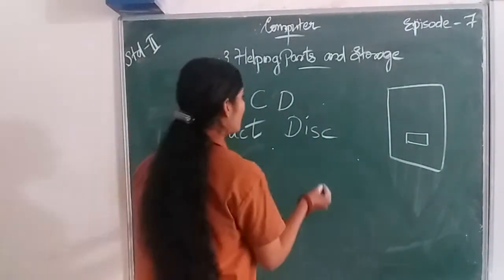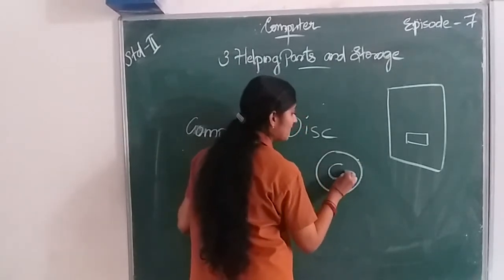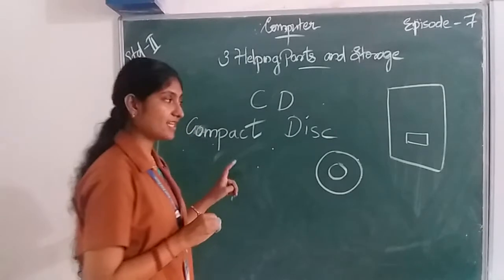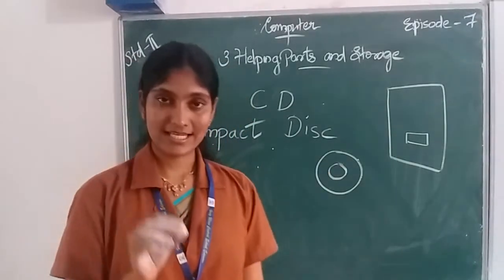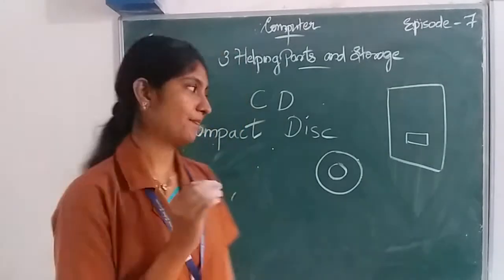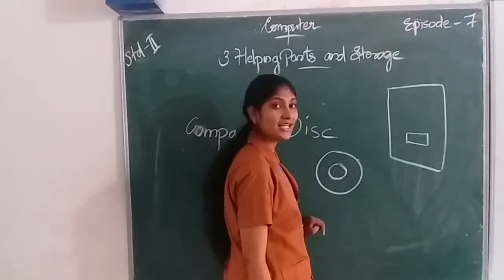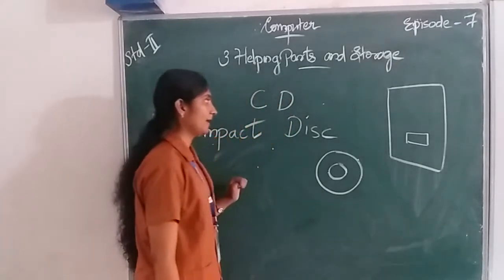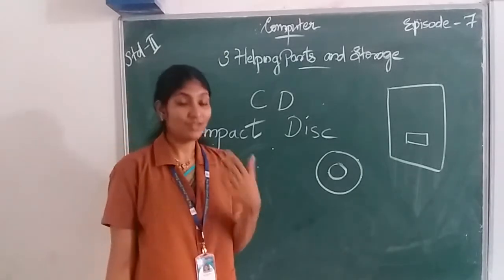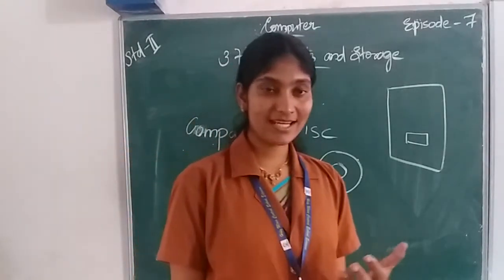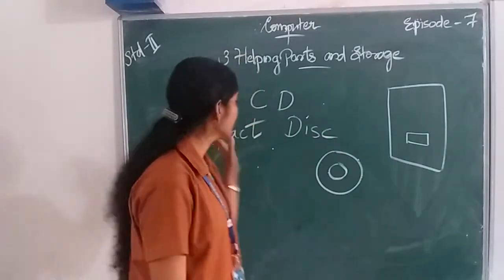The shape of a CD is circular and it has a shiny surface. Then there is a CD drive. We need a CD drive to read the data which is recorded on the CD.